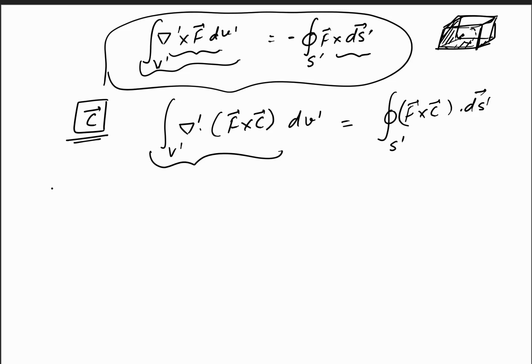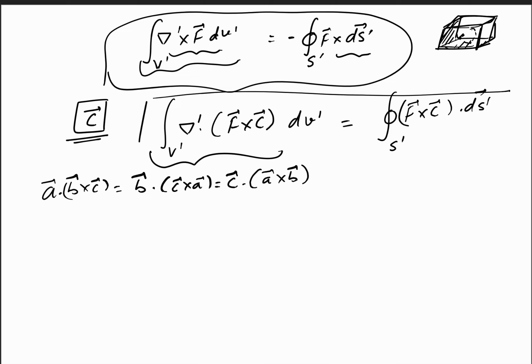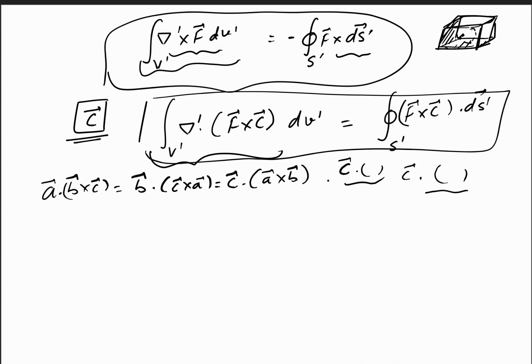Now you know that A dot B cross C is equal to B dot C cross A is equal to C dot A cross B. We want to somehow make this equation into a form where we have C dot some quantity on this side and C dot some quantity on this side, because C is a constant vector.